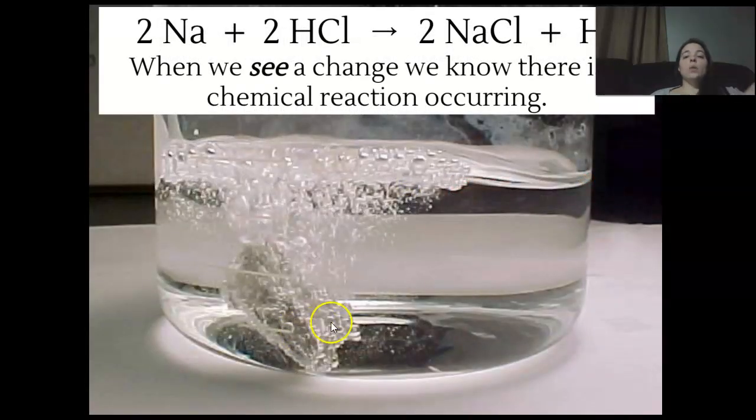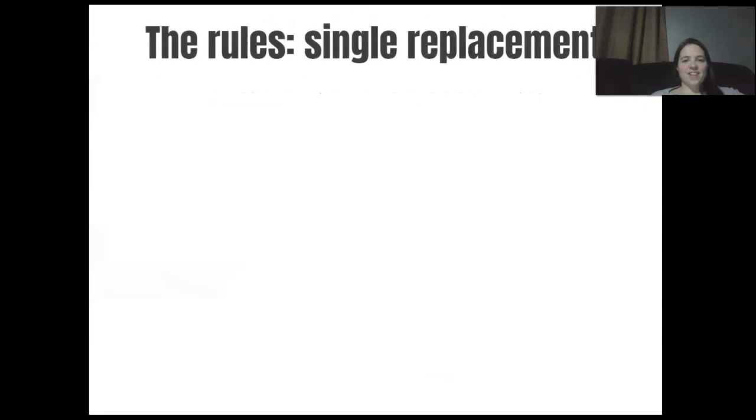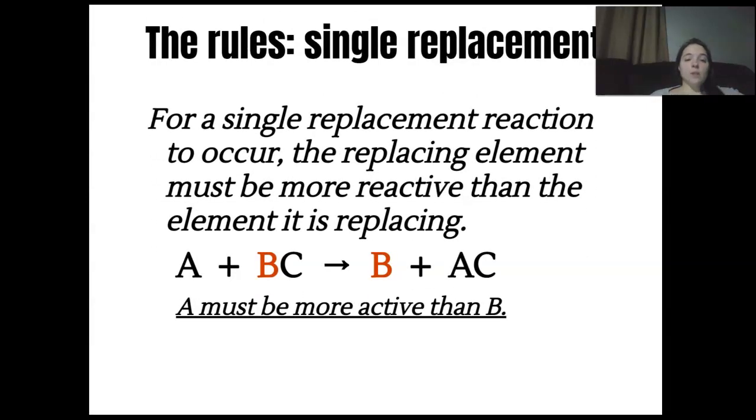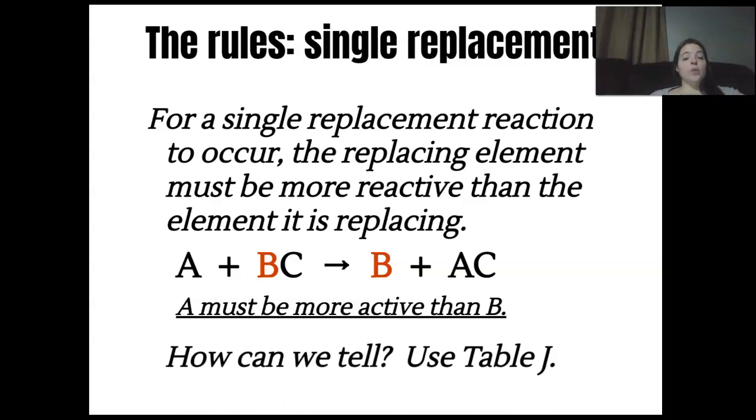All right. When we see a change, we know there is a chemical reaction occurring. So in this case, when we see bubbles, something's going on. All right. So there's some rules that you got to know for single replacement. For a single replacement reaction to occur, the replacing element, the one that you start with by itself, must be more reactive than the element it's replacing.